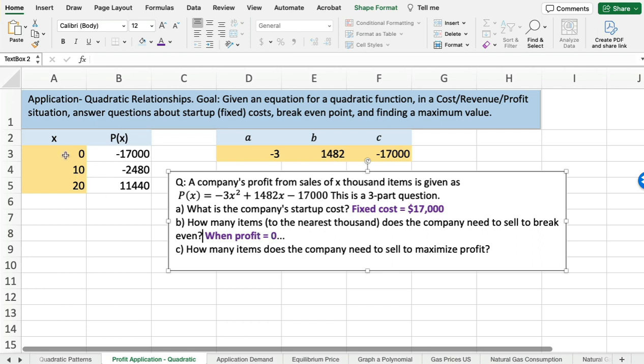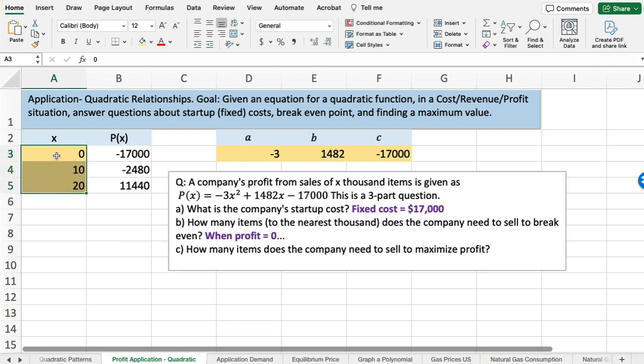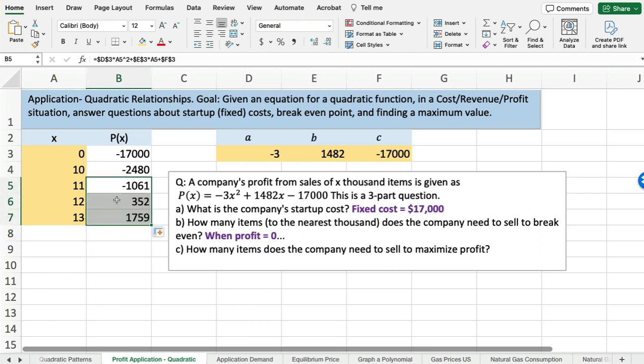And I filled in just a few values of x over here, 0, 10, and 20. And we can see that the profit was negative at first, and then it jumps to a positive number somewhere between 10 and 20. So that indicates to me that maybe we need to see those values. So I'm going to put an 11 and a 12 and a 13. And I'm just going to copy down.